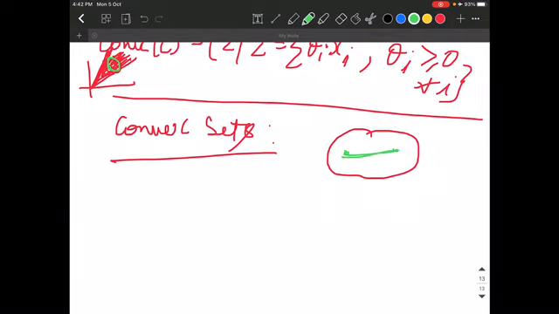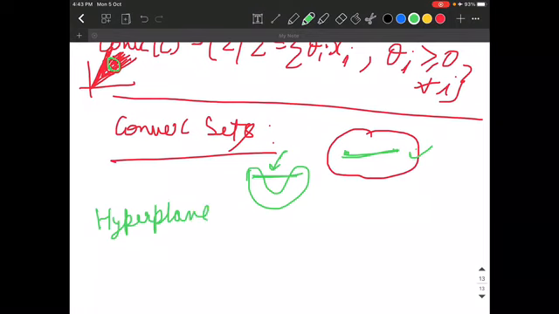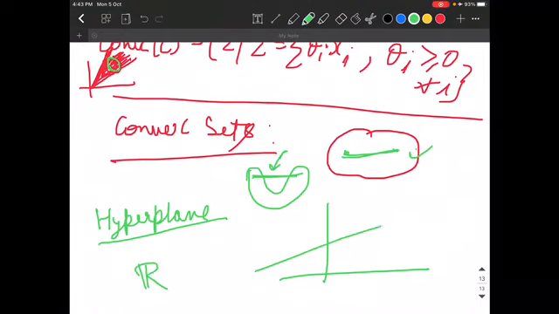Let's look at some examples. So this is a convex set, and this other one is non-convex because this line does not lie inside the set. Some examples: hyperplane. A hyperplane in any dimension R^n is a convex set. Is it affine?